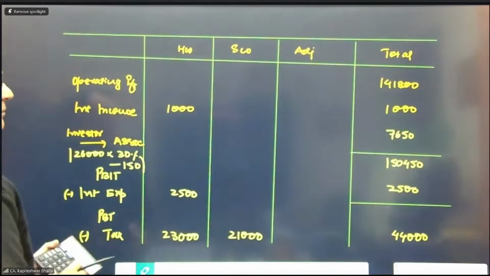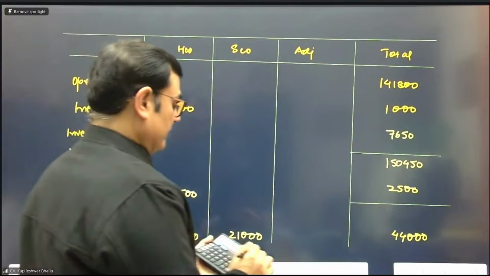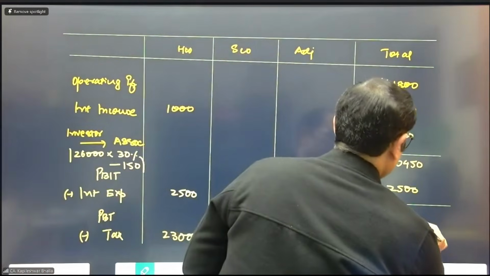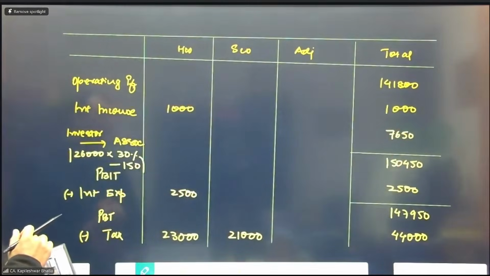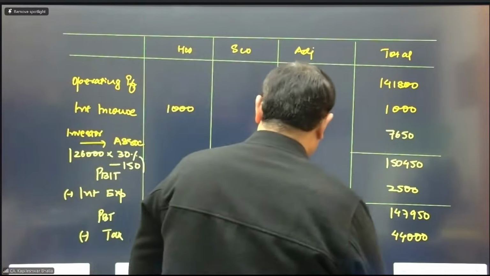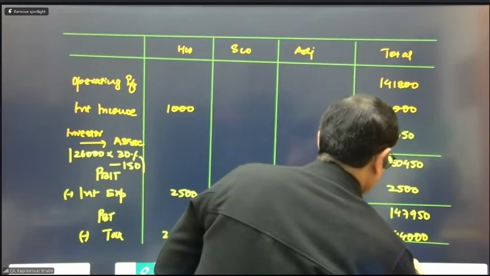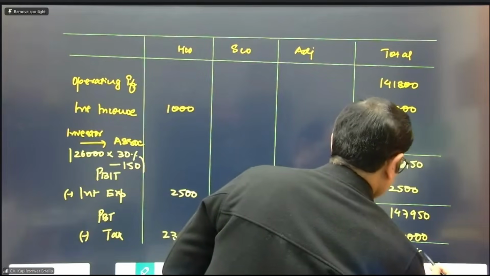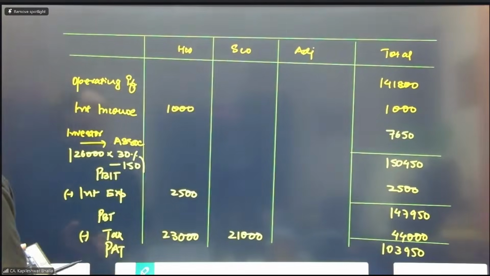Let's first get the PBT: 150,450 minus 2,500 is 147,950. And then 147,950 minus 44, that's 103,950. This is the profit after tax.